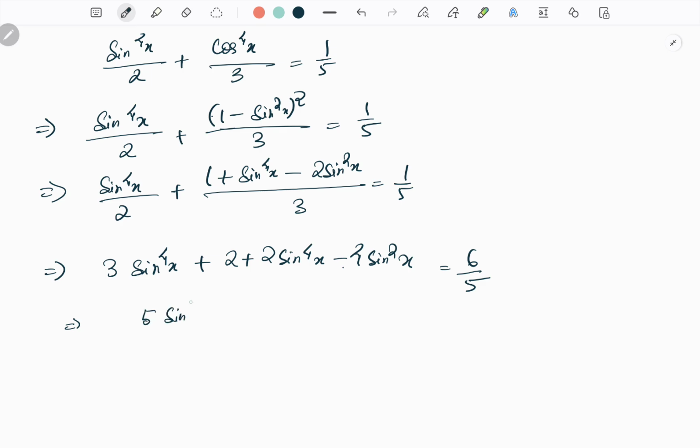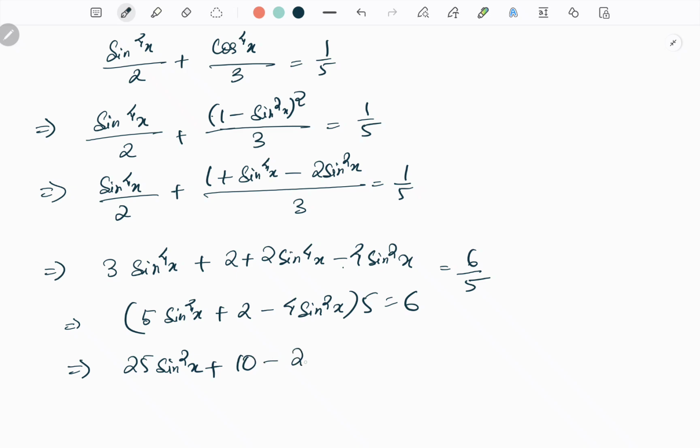So it will be 5 sin^4 x plus 2 minus 4 sin^2 x, whole into 5, equal to 6. So we can write it as 25 sin^4 x minus 20 sin^2 x minus 6 equal to 0.